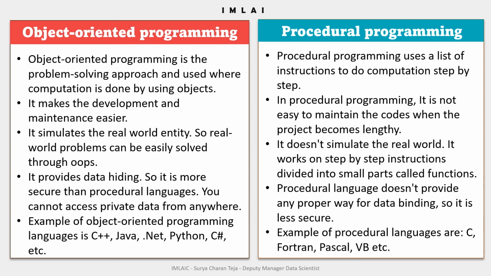Then only we can better understand the differences between these two. I will create an object oriented program for one shoe class, and also do the same work using a procedural program, and let's see which is easier and more advantageous.